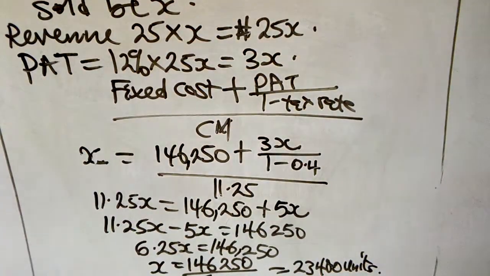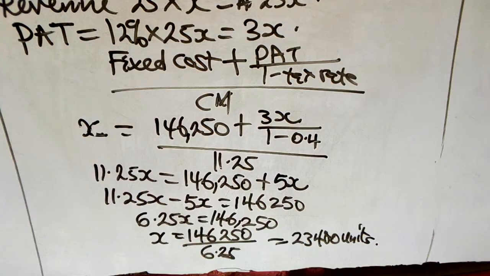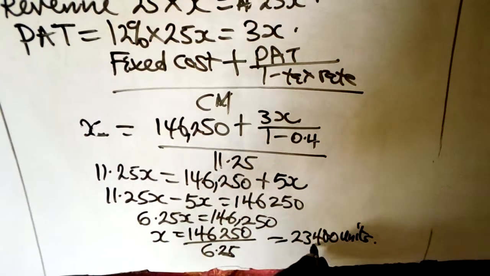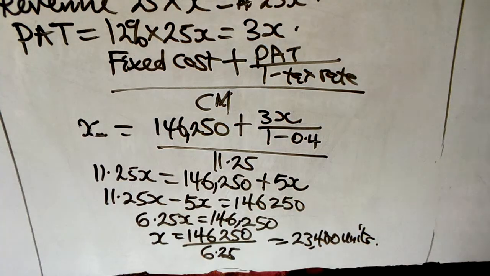The sales required in units is 23,400 units. So that is the answer to the G aspect of the question. Please, this is part 1. Part 2 shall cover the break-even point for the multi-product company.